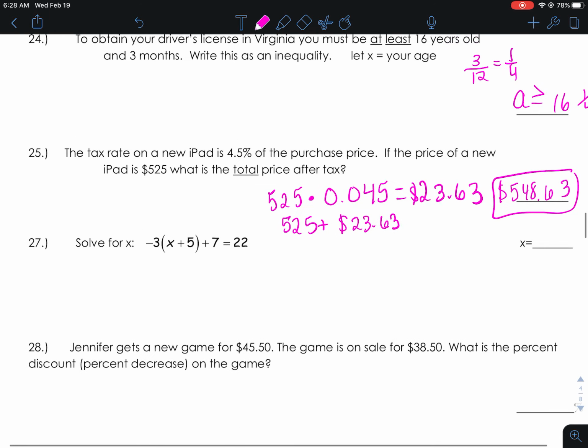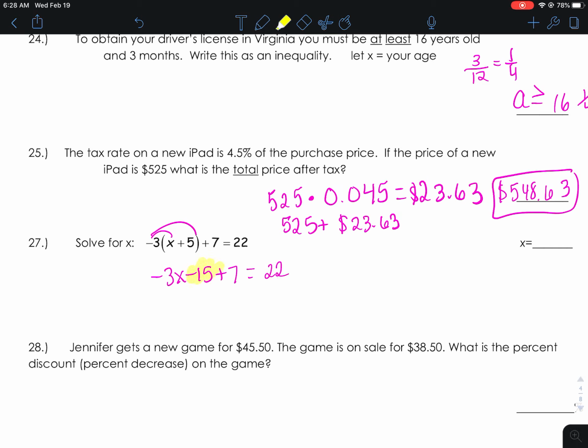All right, number 27 is an equation, so we're just going to distribute first, and then combine like terms here and here, and that'll be negative 3x minus 8 equals 22. We're going to add 8 to both sides. Negative 3x equals 30, divide by negative 3, x is equal to negative 10.